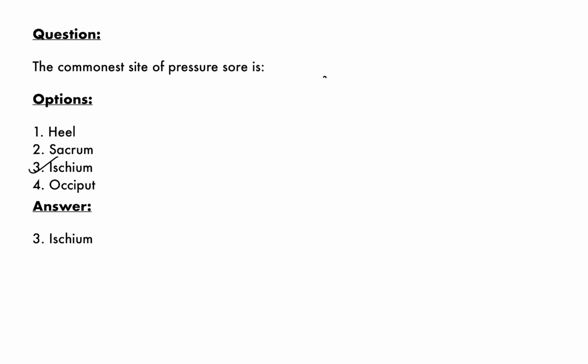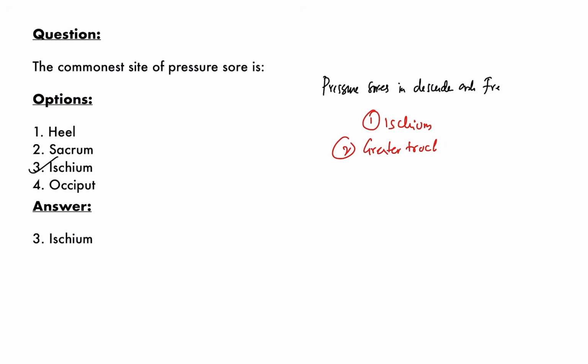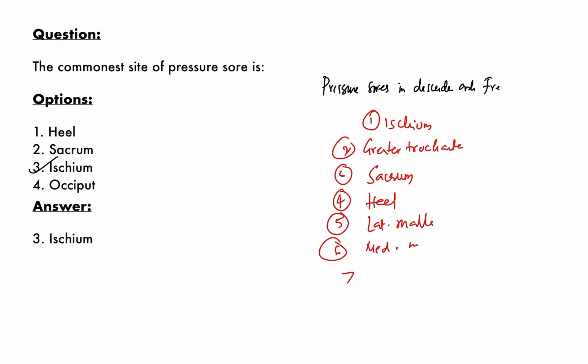So let's look at pressure sores in descending order of frequency. The top one, the most common location, is ischium, followed by greater trochanter, then sacrum, the fourth is heel, fifth is lateral malleolus, sixth is medial malleolus, and seventh is occiput.